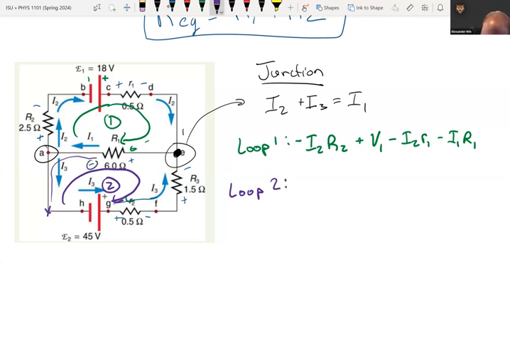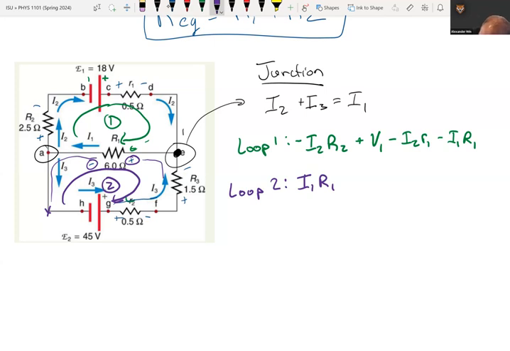But the thing is, this is why I drew the terminals. If as I'm going around my loop, I go from minus to positive, I can just make that positive. So that's just I1 R1 right there. And then as I continue going around, I again go from minus to positive.